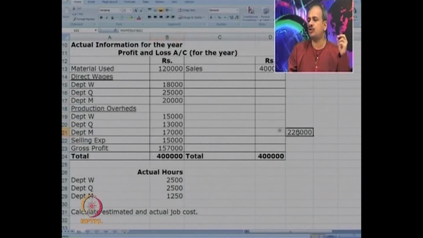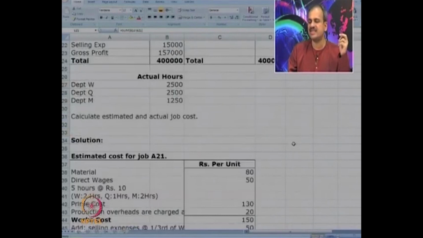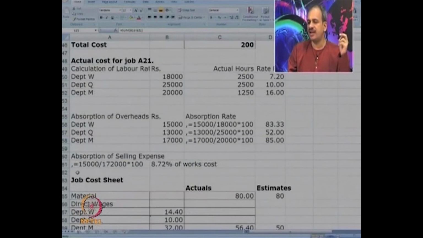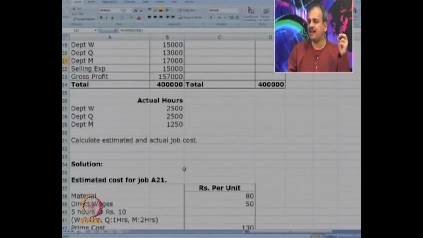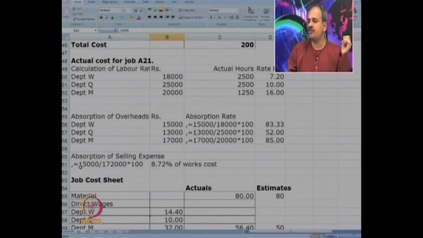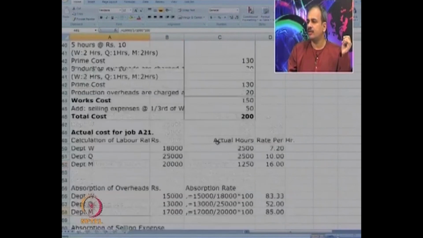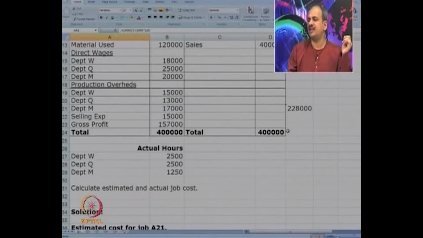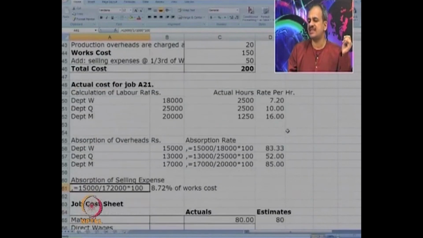All this together is called works cost. It comes to 228. So I think I'll have to recalculate, and the actual selling expenses are given as 15,000. So 15,000 divided by 228, which is the correct works cost.